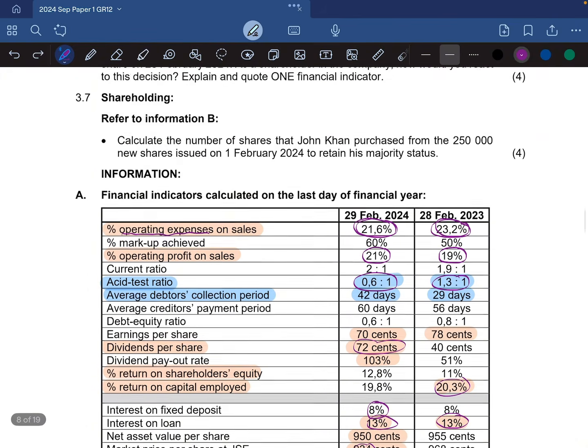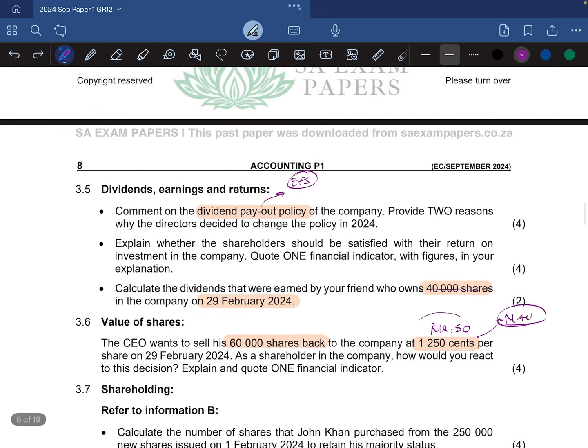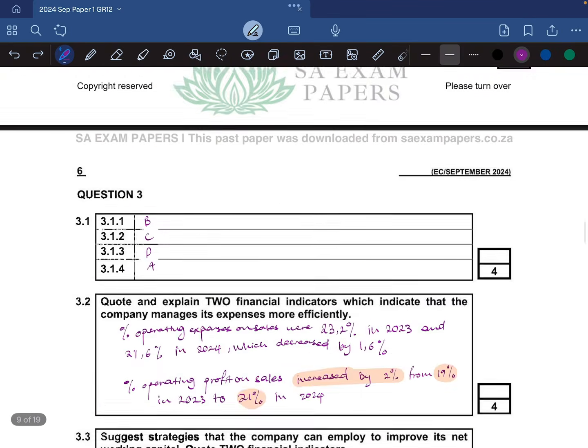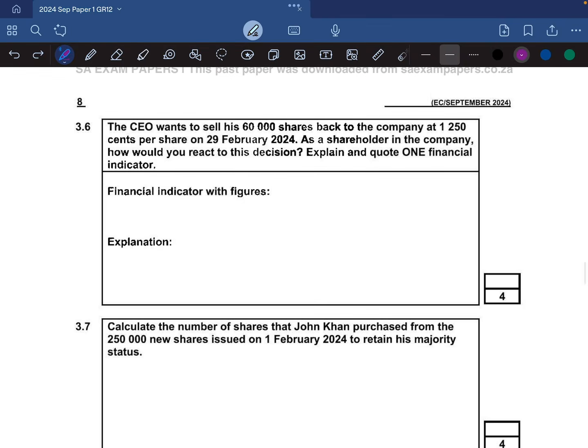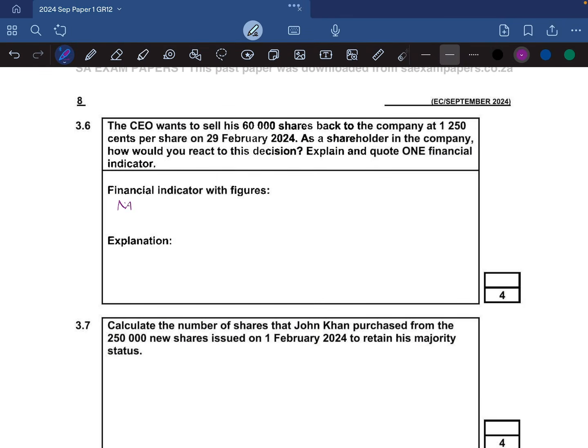But this person is selling those shares to us at 12 rand 50, which is an amount higher than what we value these shares at. So it's at a premium. So we know that the net asset value is at 9 rand 50, and the selling price.